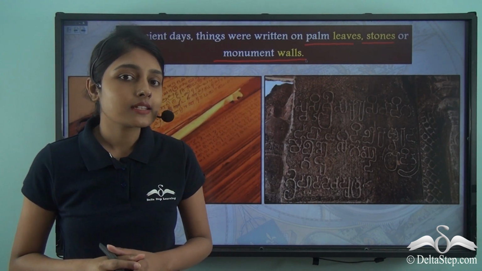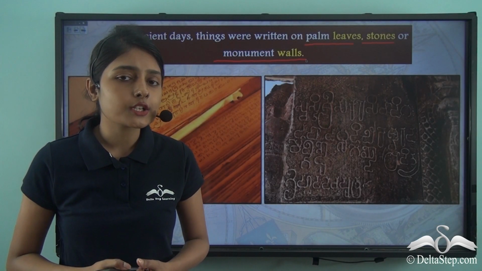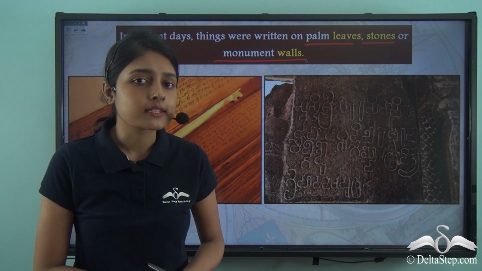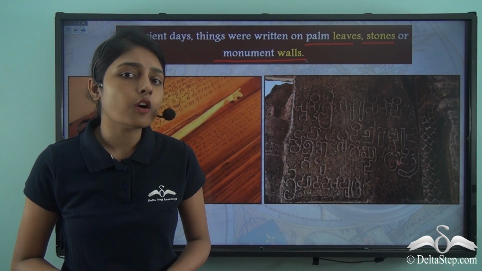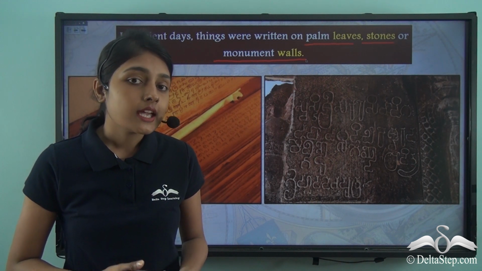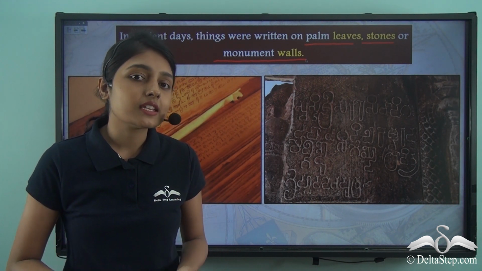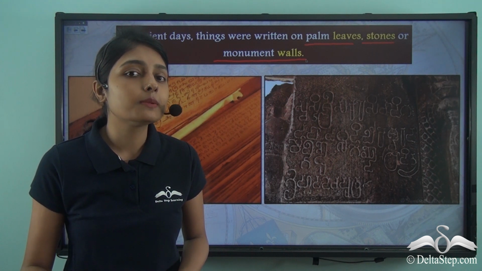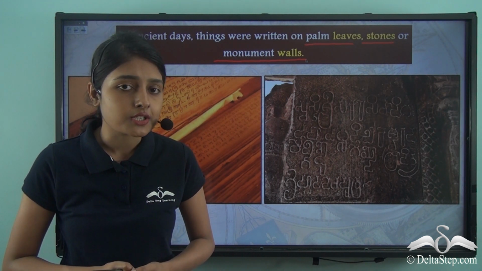So can you understand how interesting this must be? Because the absence of paper does not imply that people did not write. People have to write in order to record various events in time. People have to write in order to make those events accessible to people who will be coming in subsequent generations.